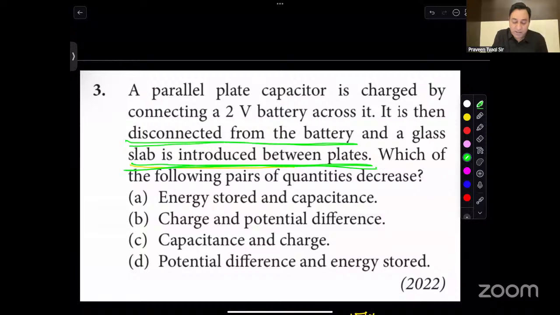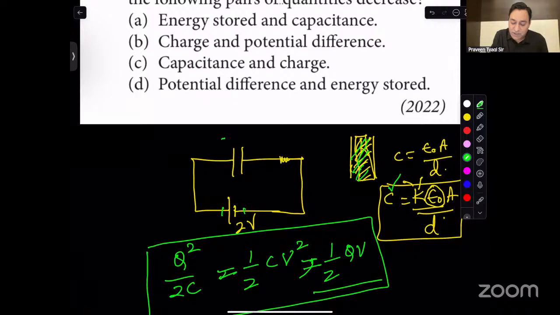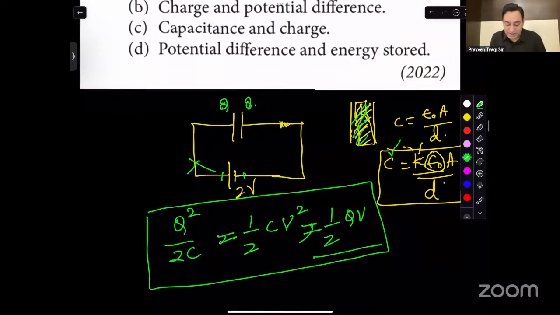These are important terms. When it is disconnected from the battery, the charge will not be able to flow anywhere. So the charge will remain the same. Whether you introduce dielectric or not, Q remains the same because the battery has been disconnected.